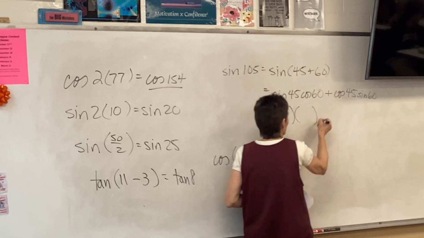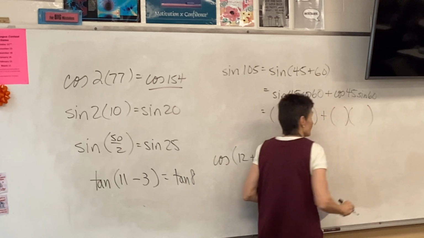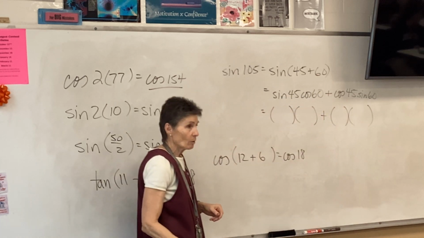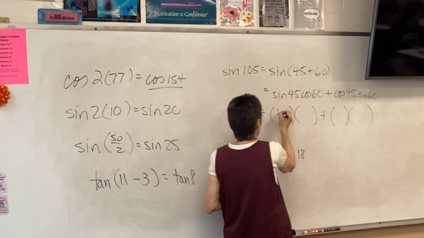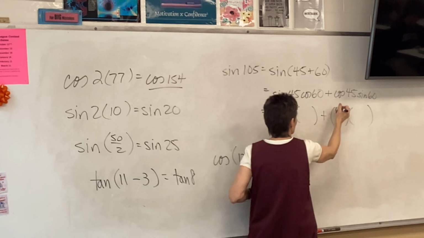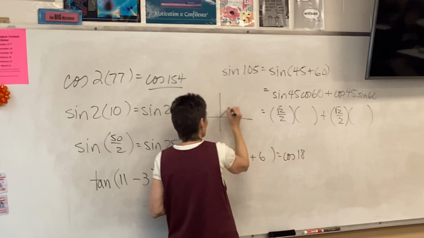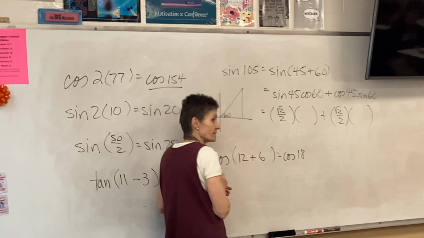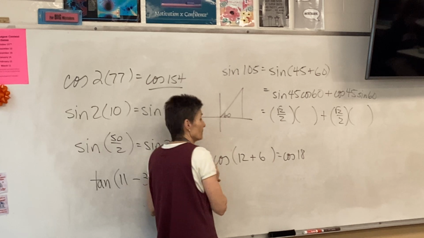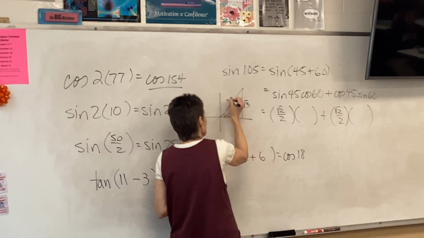Then you gotta figure out what all these things are. So what do we know about the 45? They're root 2 over 2, so we don't even really need to worry about that. 60, if you don't have it memorized, then you'll draw your 60-degree triangle, label the sides.